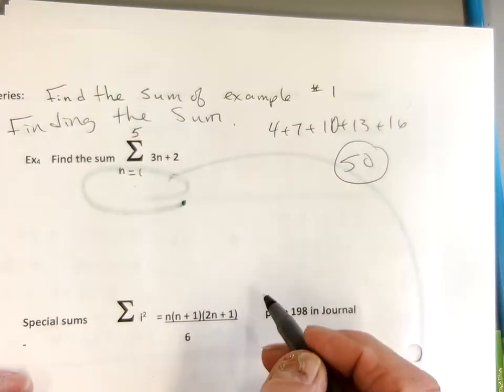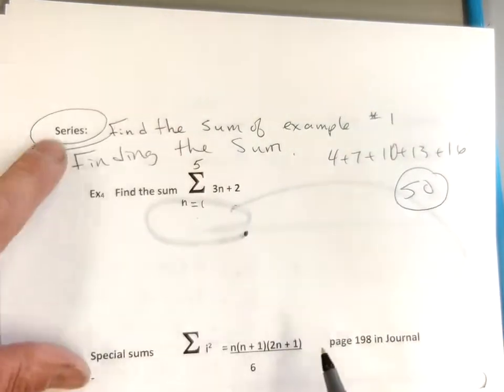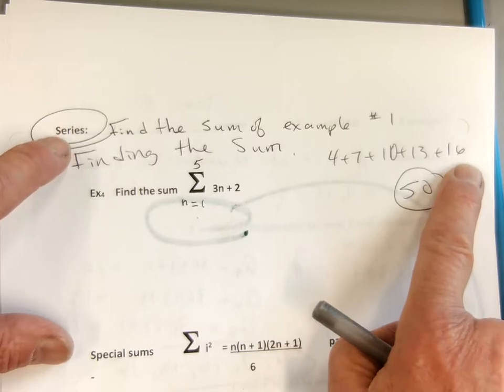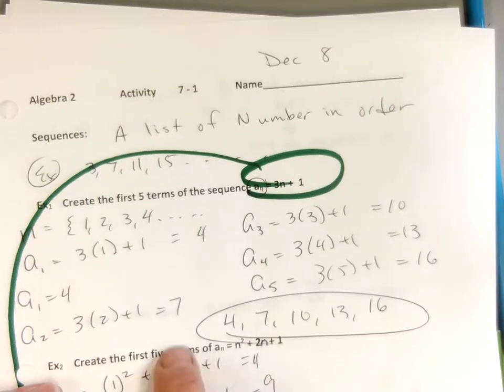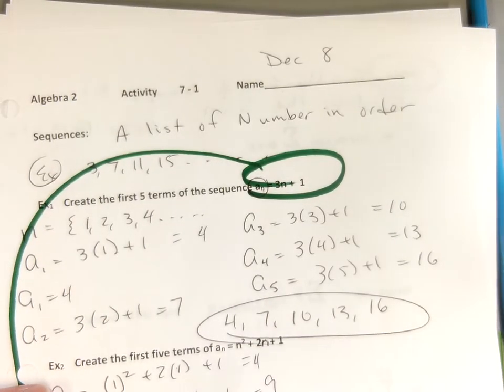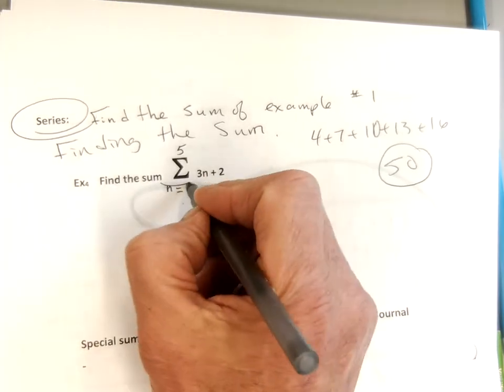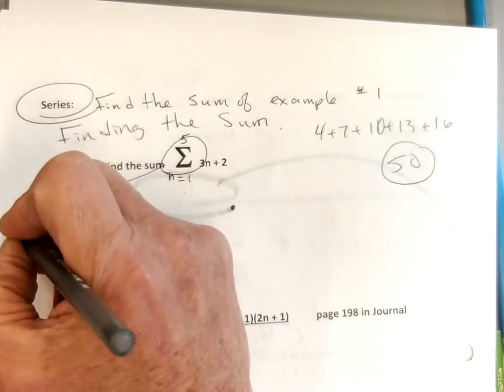So that's the difference between a sequence and a series. A series is a list of numbers that we add. A sequence is just the list of numbers. Easy, okay? Now, this weird symbol here, don't let that freak you out. It represents summation.